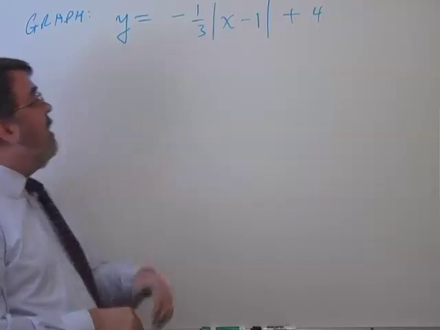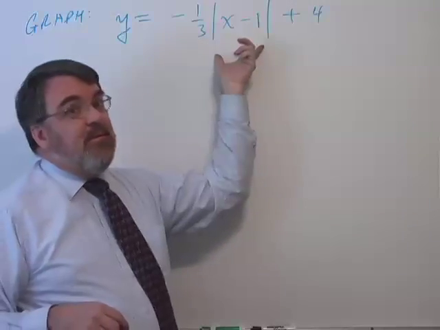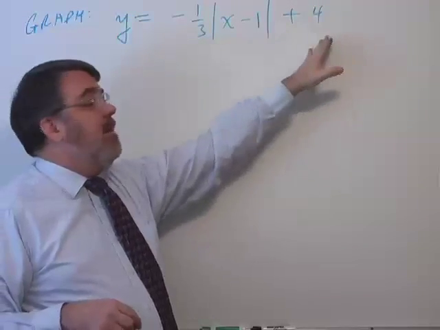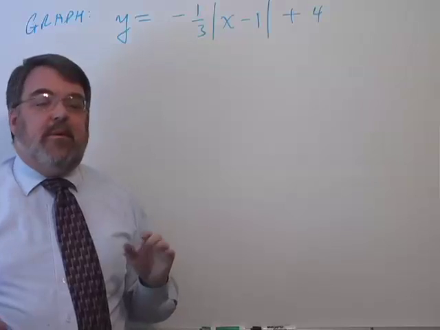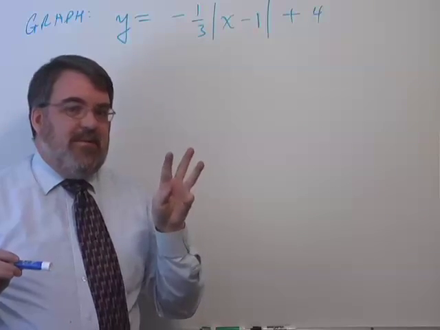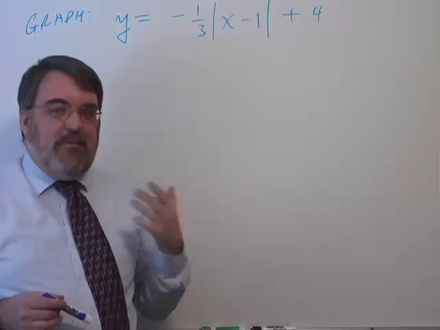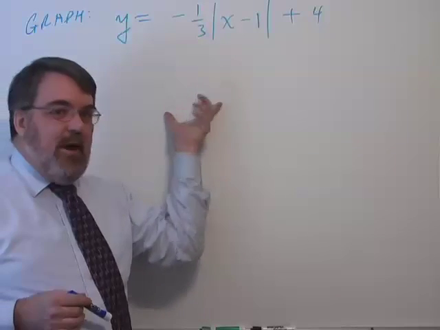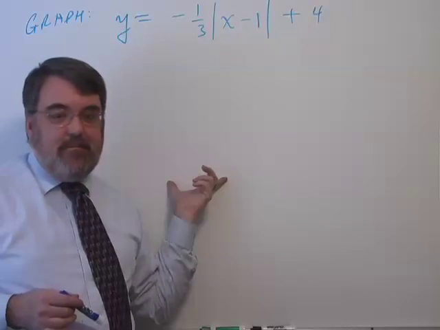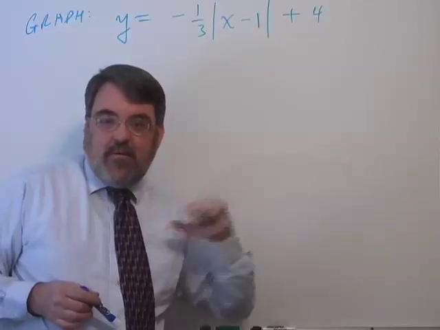Here's my function. Graph y equals negative 1/3 times the absolute value of x minus 1, and then plus 4. All right, so what I'm going to show you now are 3 types of problems I want you to be able to handle if you're my student. The first one is I will give you a graph of a basic function, and then I'll ask you to graph a transformation of that function.